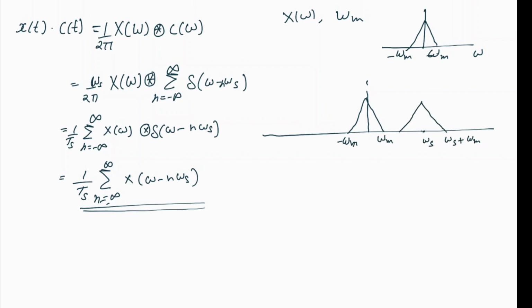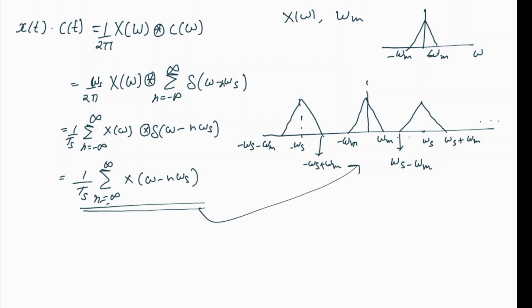If we see, these triangles should not overlap, only then will we be able to get our signal back. If they are overlapping, then there will be loss of information.